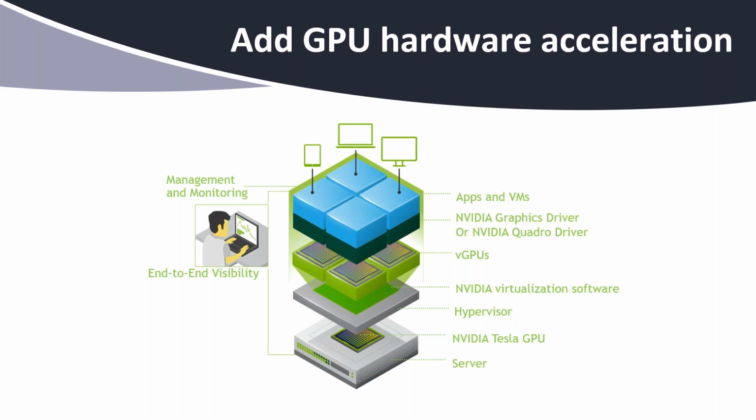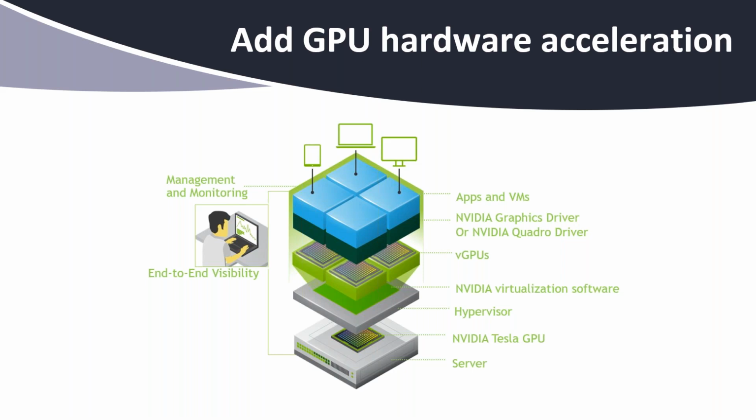So how does it work in a virtualized scenario? So we have a physical server. We add a Tesla GPU, or even now we can add certain Quadro GPUs as well to the server. We install a hypervisor on it.